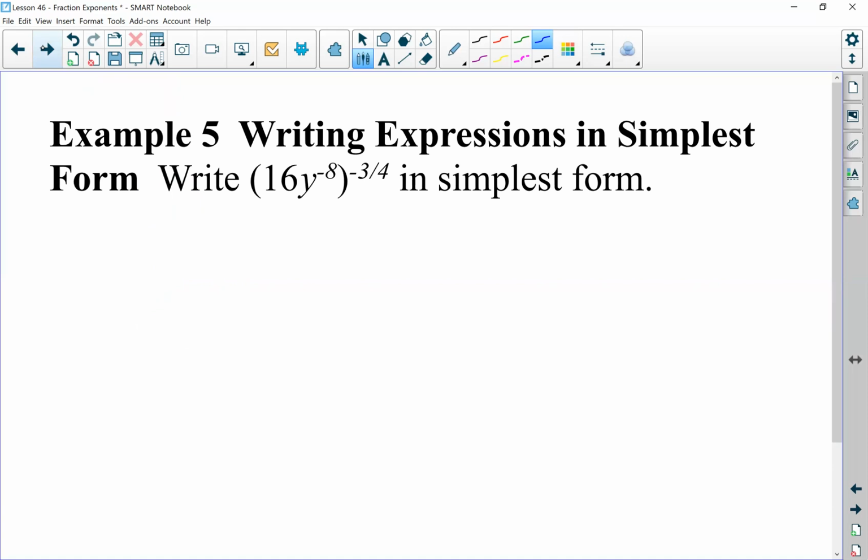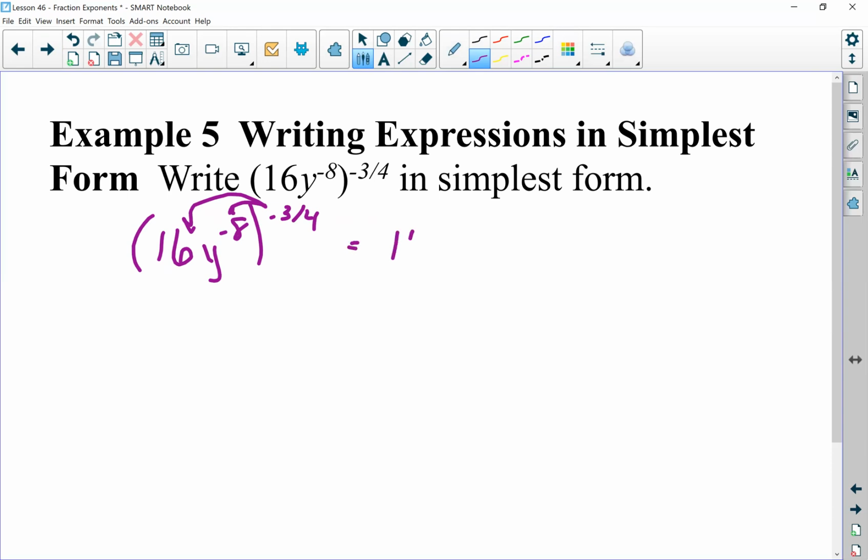The last bit we're going to work on is what happens if I have an expression that I need to simplify. So we're going to write 16y to the -8th raised to the -3/4 in its simplest form. So one of my rules says if I have a product, I can basically distribute my exponent.